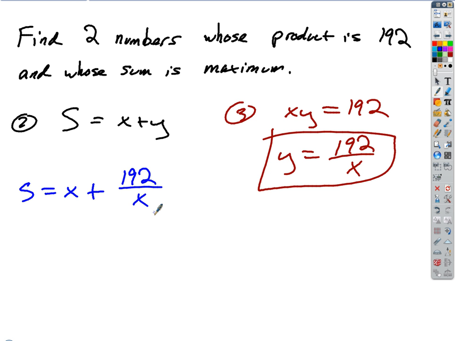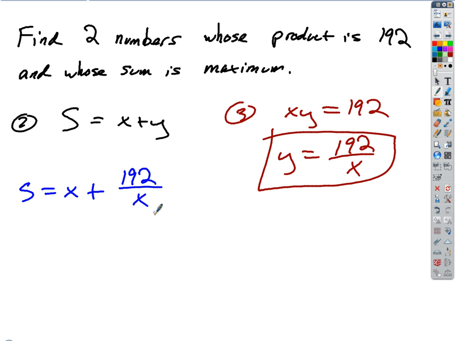So what are our constraints here? x can't be 0. The product has to equal 192. Can x be 0? Can't be 0, can it? Give me some reasons why. You can talk about this philosophically or conceptually, or you can point to something concretely.